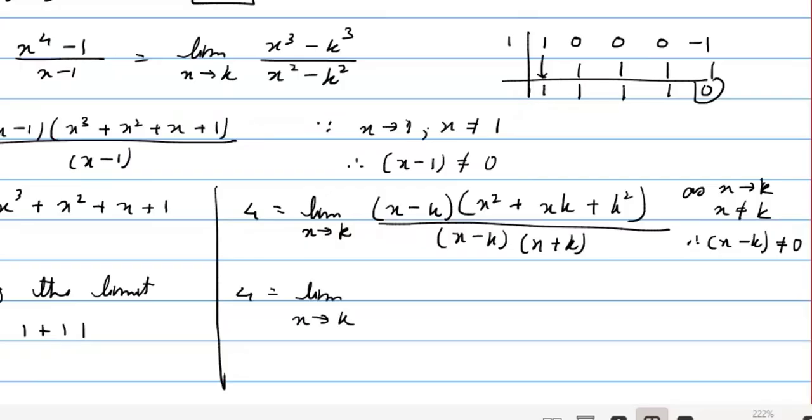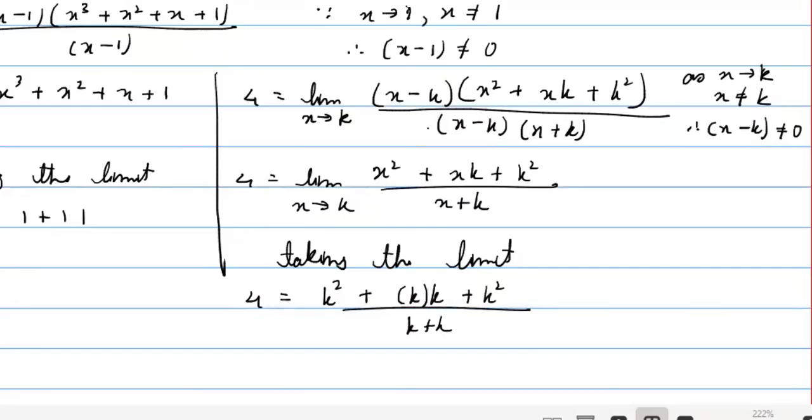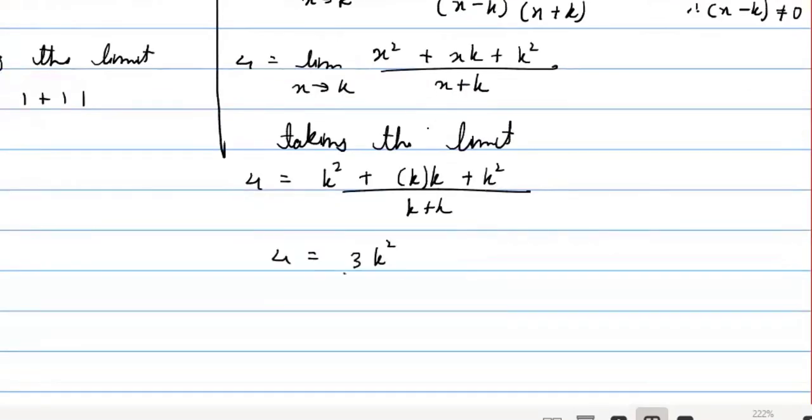Limit x tends to k, you have x squared plus xk plus k squared upon x plus k. So we have to take the limit. So we get, we cancel k and you get k as 8 upon 3.